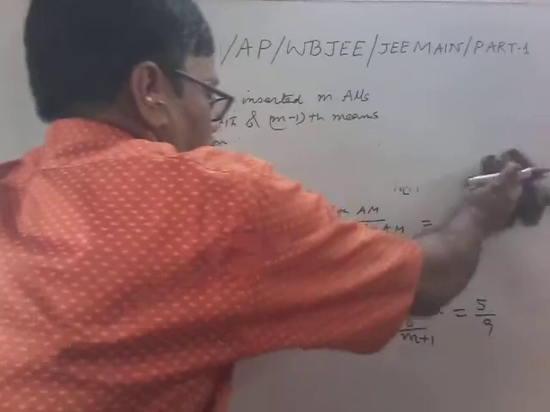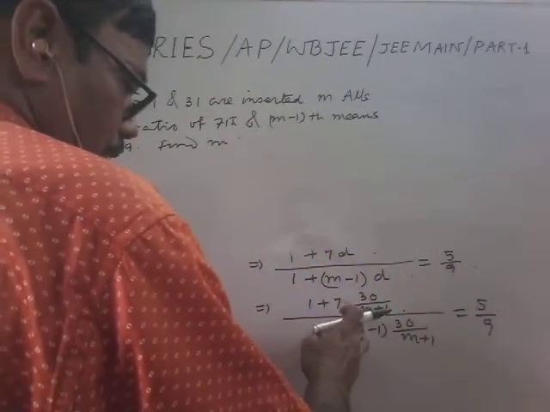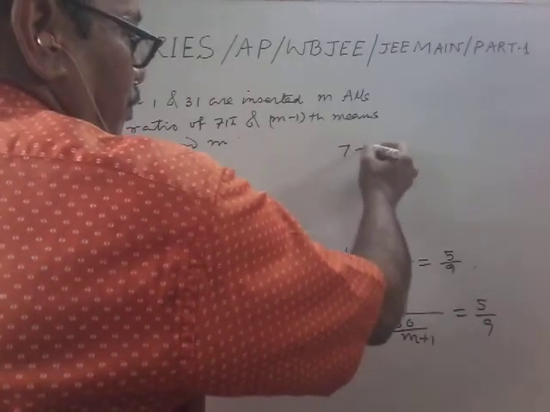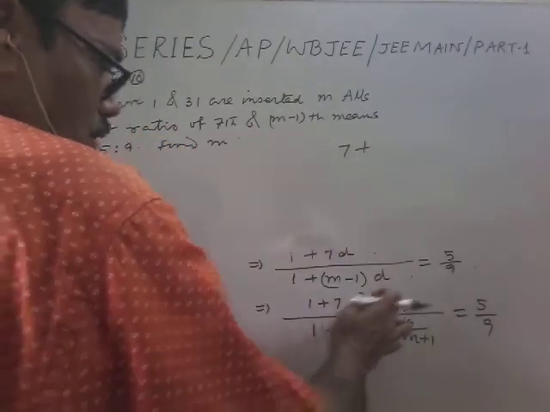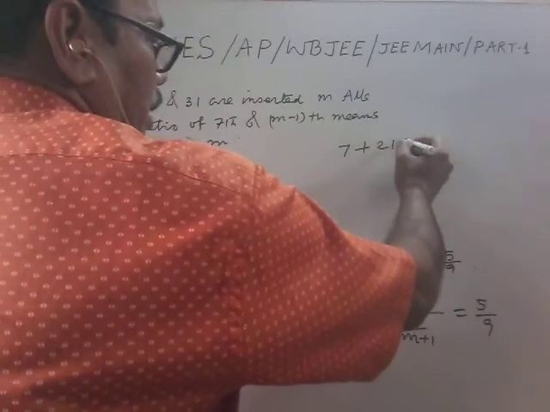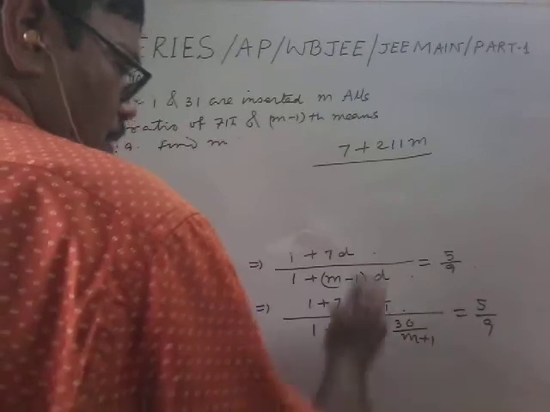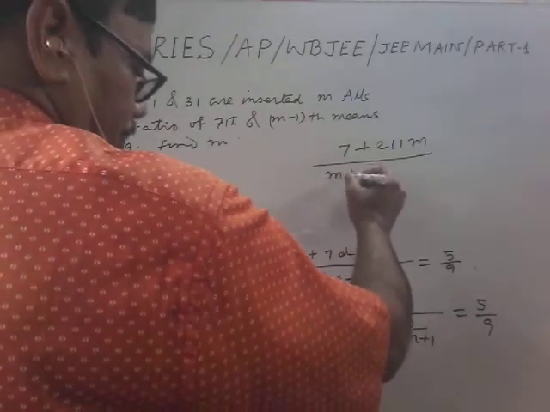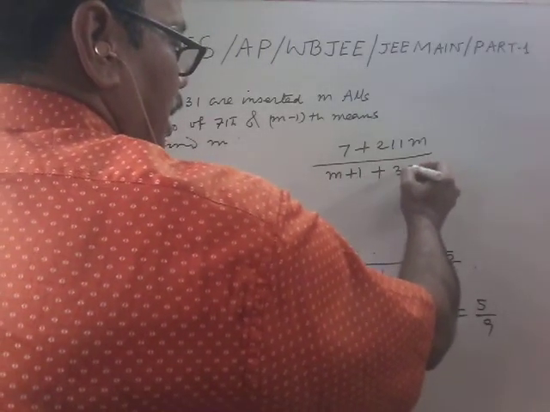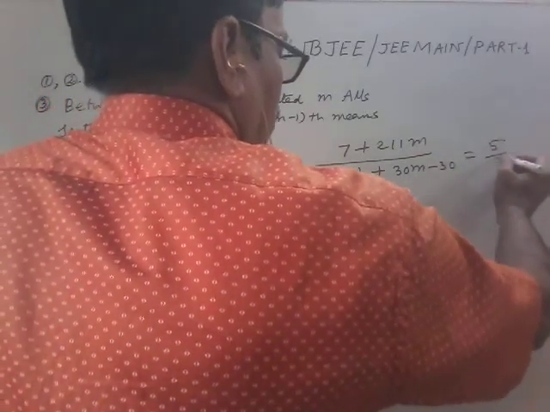So if we simplify it, so look, m plus 1 plus 210, 211 m by m plus 1 plus 30 m minus 30 equals 5/9.